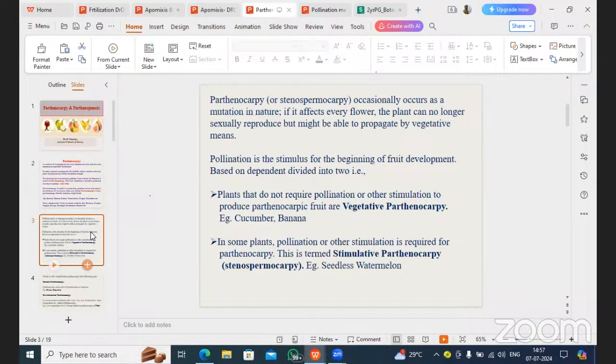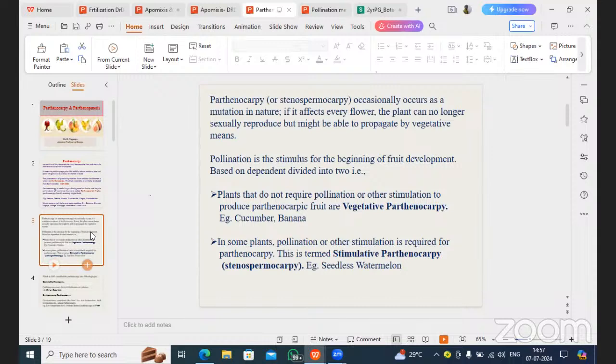You can see there are two types, vegetative parthenocarpy and stimulative parthenocarpy, stenospermocarpy. Two types are happening. Sometimes pollination stimulation is needed for the beginning of the fruit development.